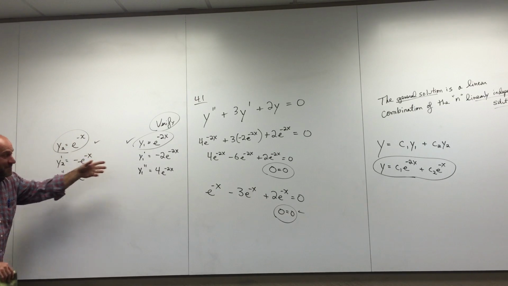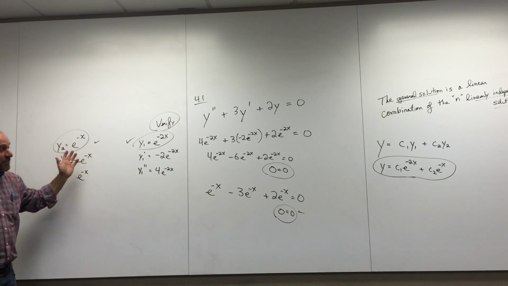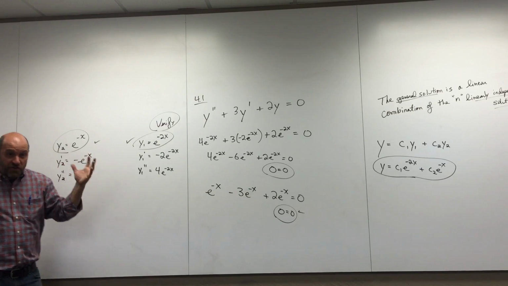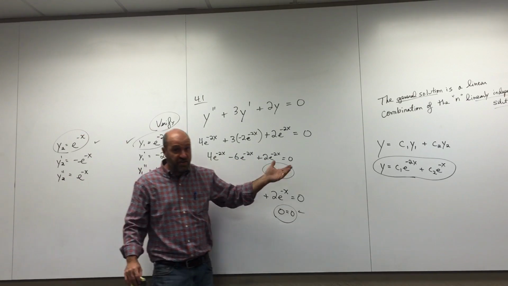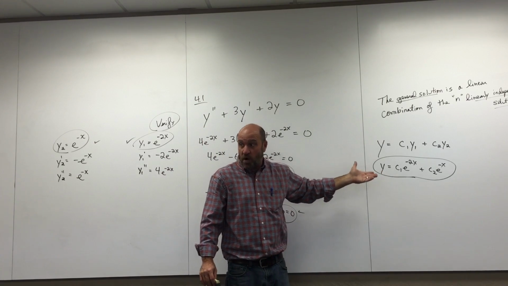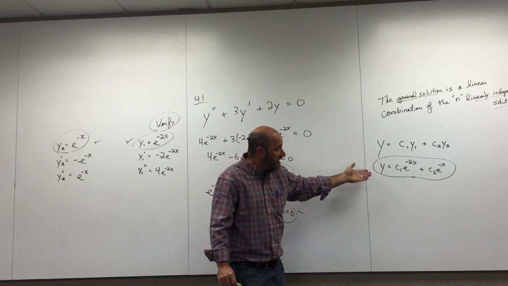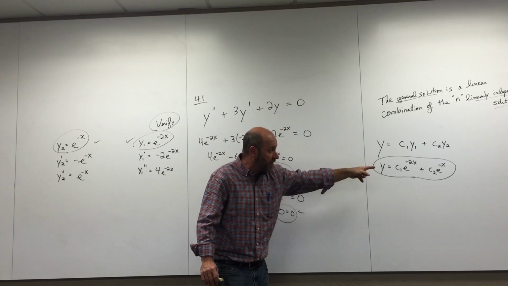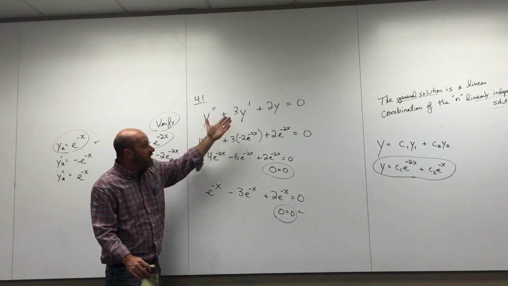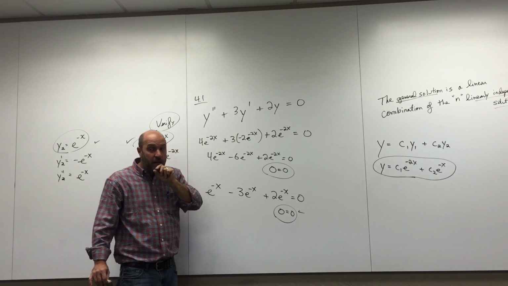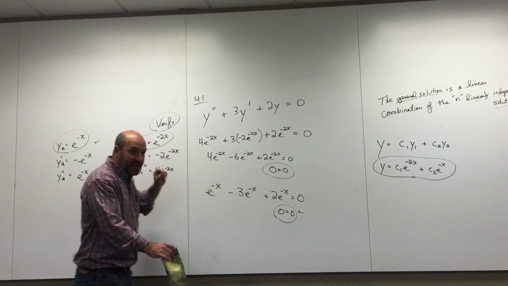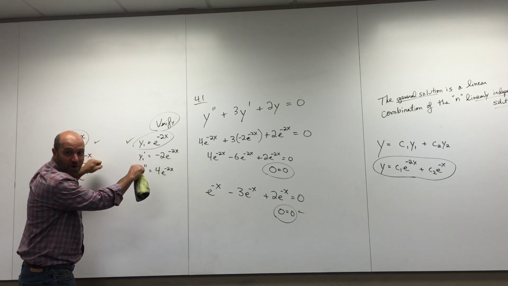So I verified them separately, but the truth is now, this new general solution should work also. And by the way, it should work with the generic C's in there, the C1s and the C2s. If we did a Y prime and a Y double prime on this guy, and plugged it in, it would work also. Maybe you can sort of see that. I mean, again, you just saw each individual one work.